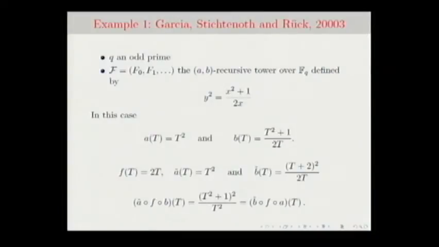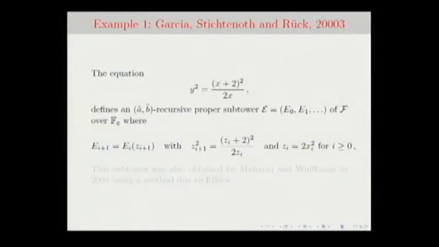But here, if we take A and B to be this one, which are the rational functions defining the tower, and F equal to this, A tilde, B tilde, then this composition holds, and we have this subtower E given by this equation.